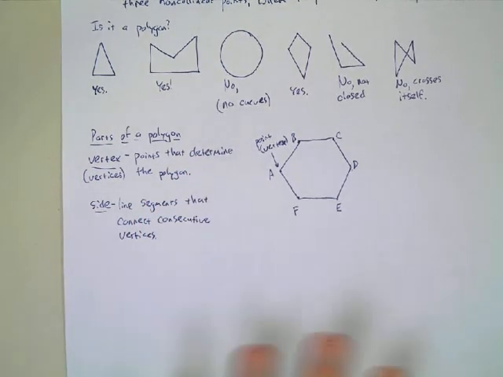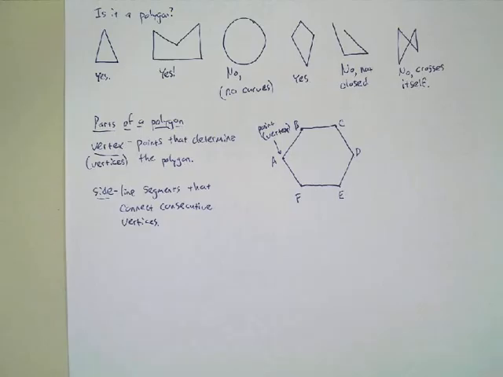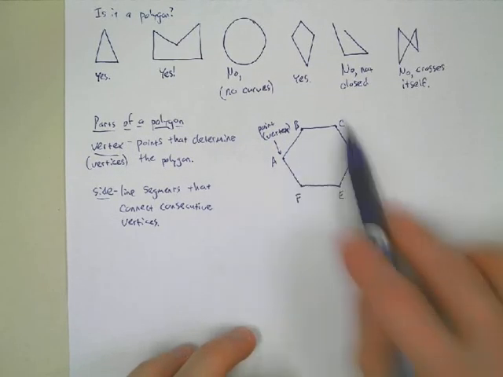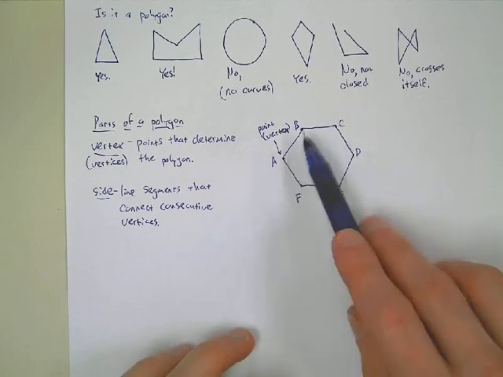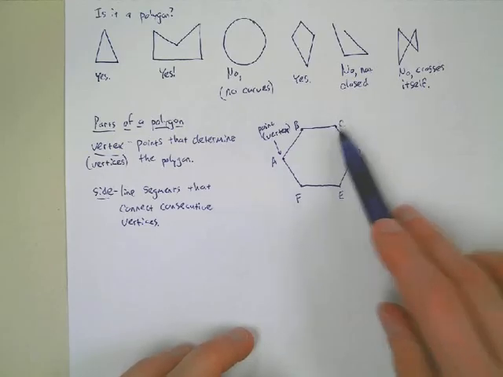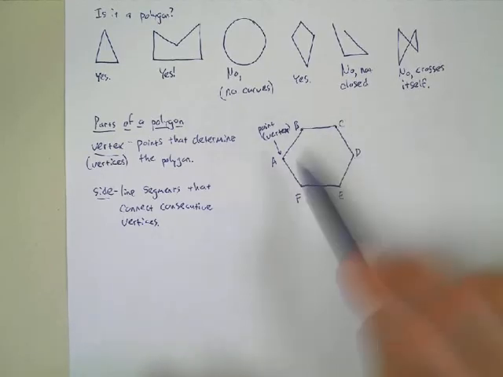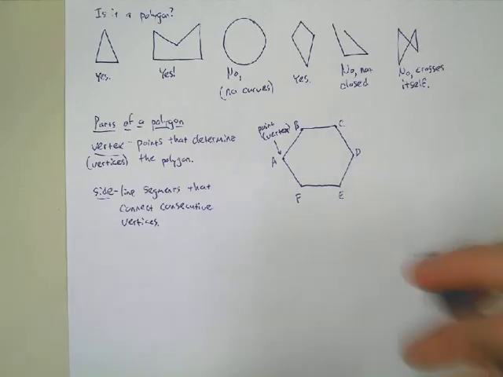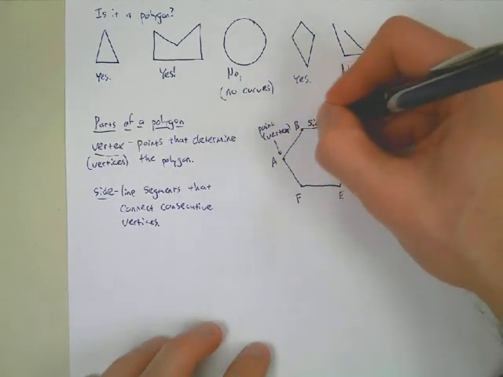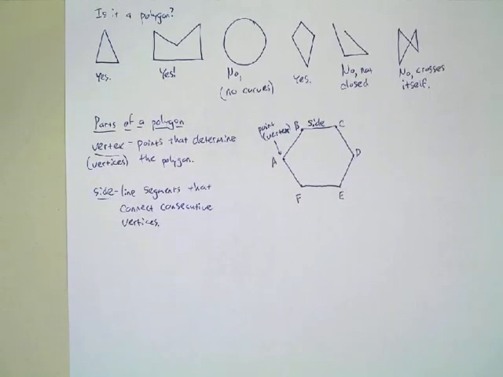Consecutive means in an order. So we don't just willy-nilly connect points. A connects to B, B connects to C, C connects to D, D to E, E to F, and F to A. And those all make up the sides. So AB is a side, BC is a side, CD is a side, FE is a side, ED is a side, AF is a side.